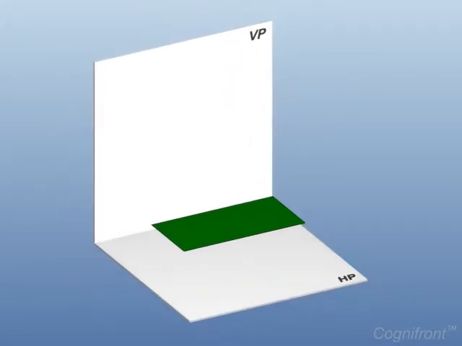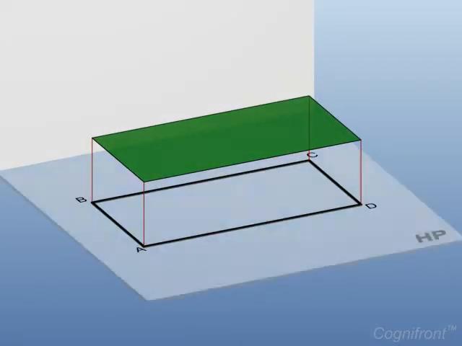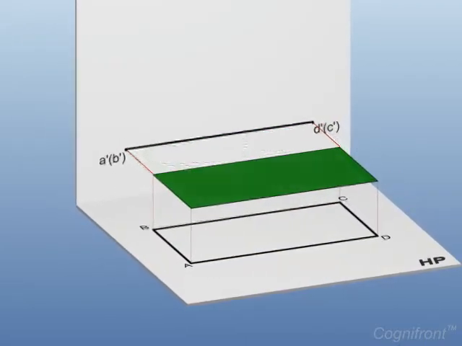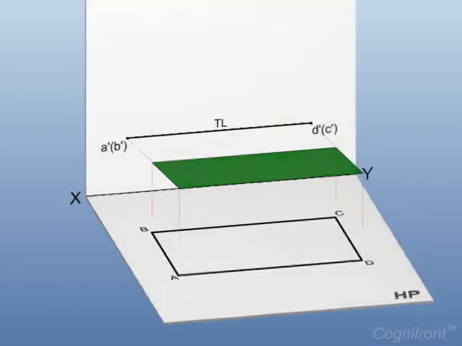Then observe the diagram for step 1. The true shape and size of the plane is given by its projection on HP. The front view will be a true line parallel to reference line XY.